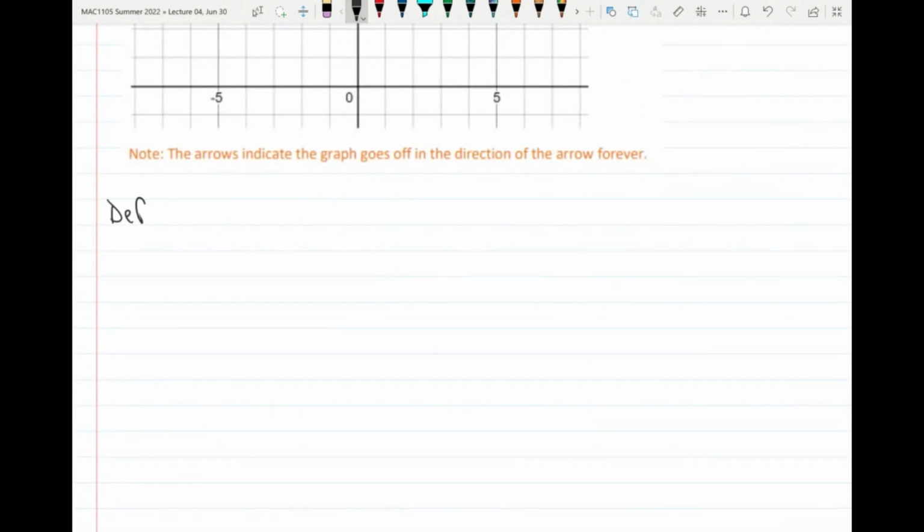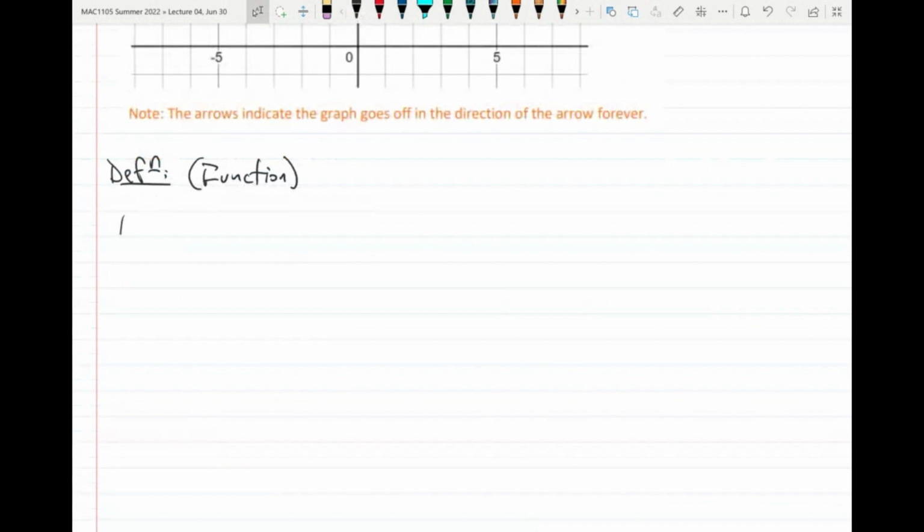So, definition. A function is a relation. Remember, every function is a relation, but it's not true that every relation is a function.